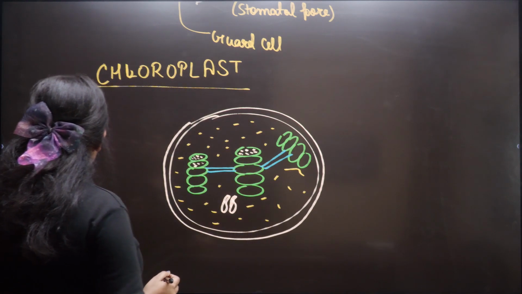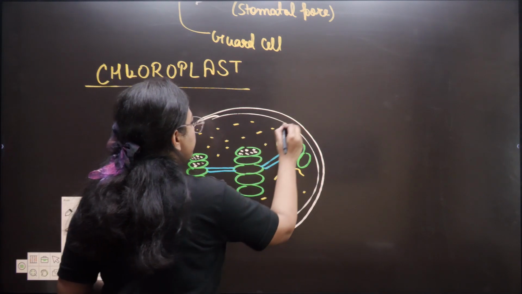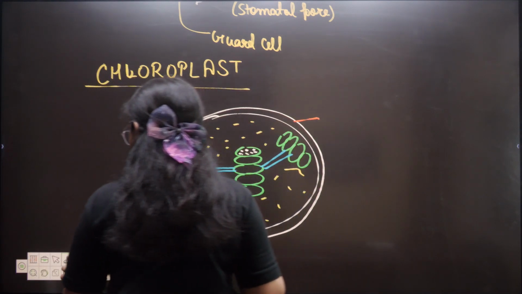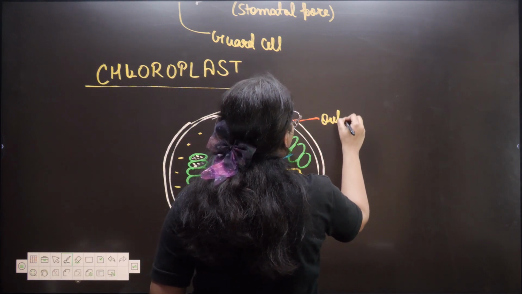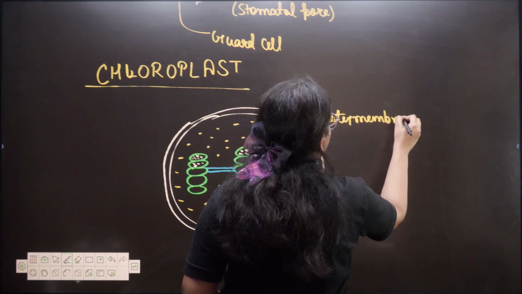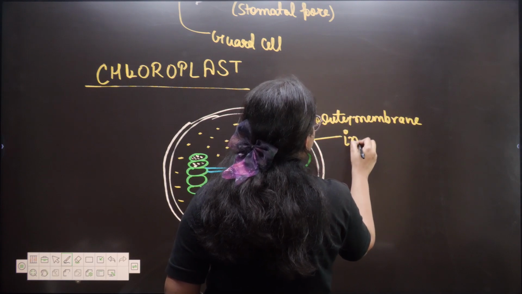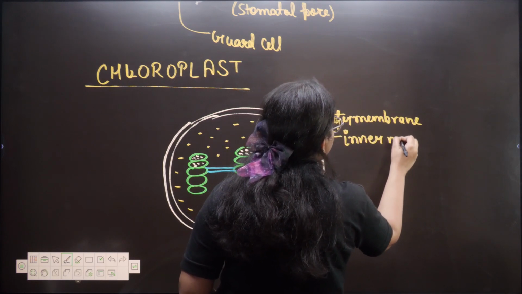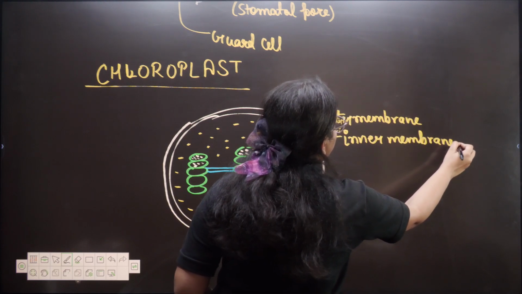Okay, now let's label it. So first of all, this is the outer membrane, then this comes the inner membrane, because this is a two membrane figure, double membranous.